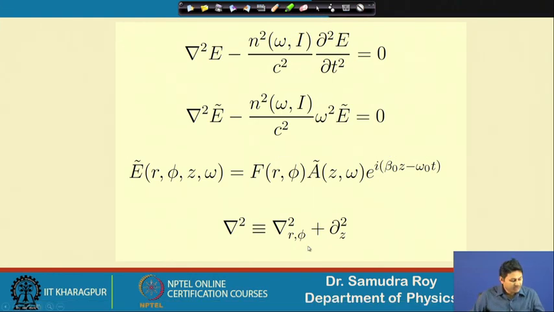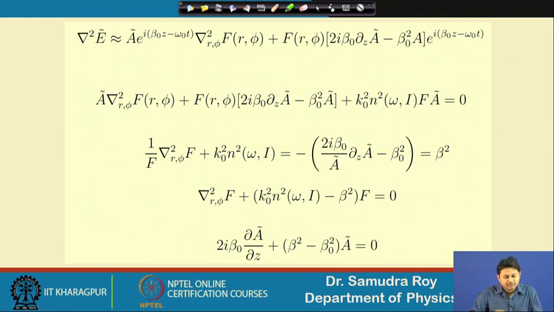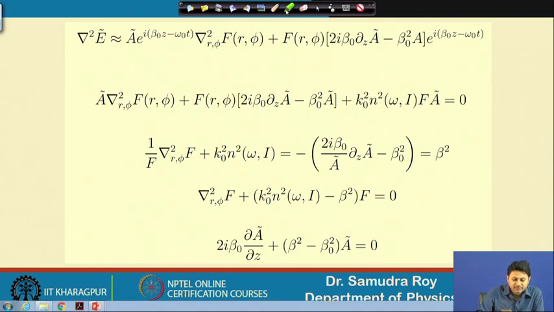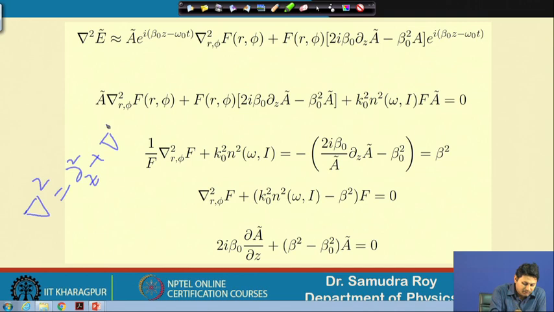So, if I now extract these two parts separately, then grad square E I can write simply as the derivative with respect to z square plus the transverse component, which is the r phi component.